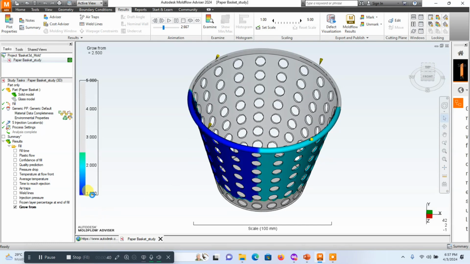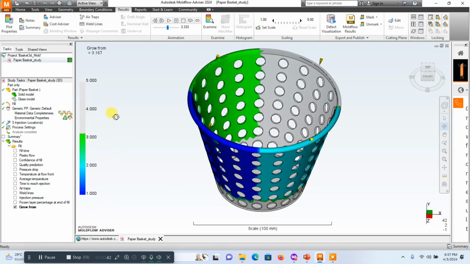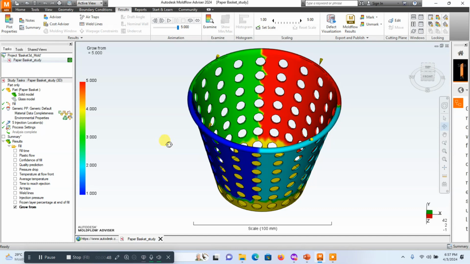Now, furthermore, we should also take note that a growth form result that indicates uniform filling will be balanced, just as you are going to see in this demonstration that I'm giving to you now. A growth form result that indicates that different gates are trying to fill the same part at the same time will be unbalanced.